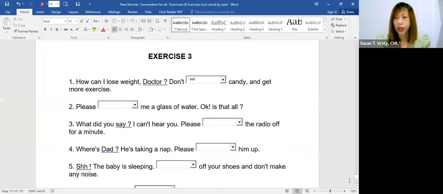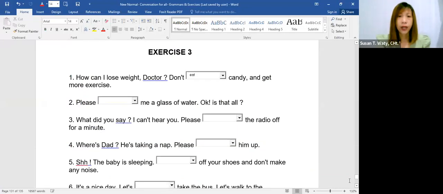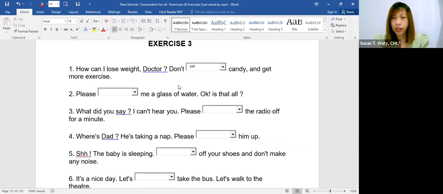All right. So this is exercise number 3. What you guys need to do, just pick the right words for the imperative. There's gonna be an optional answer here, so you just need to pick. Number 1, you guys already answered it last week.